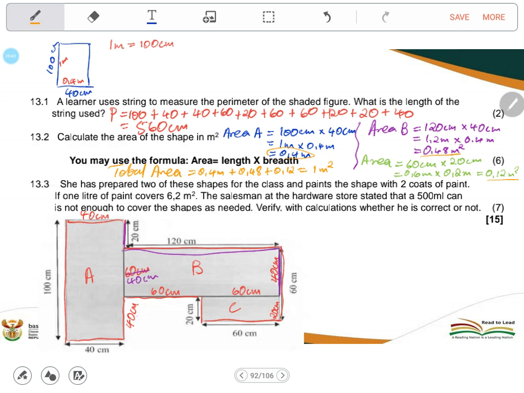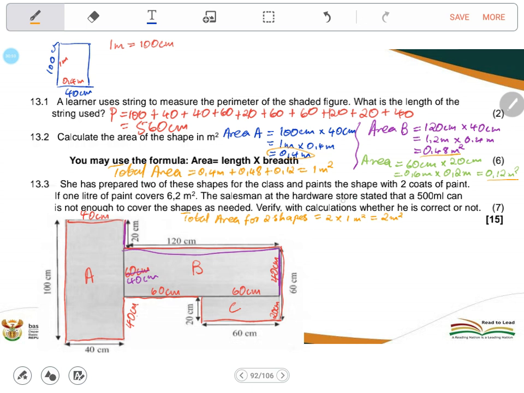Which means now the total area that needs to be painted for 2 shapes will be 2 times 1 square meter, and this will give us 2 square meters.